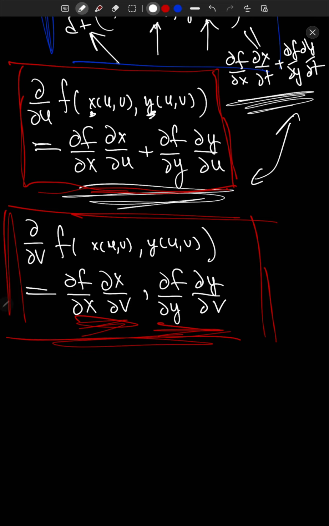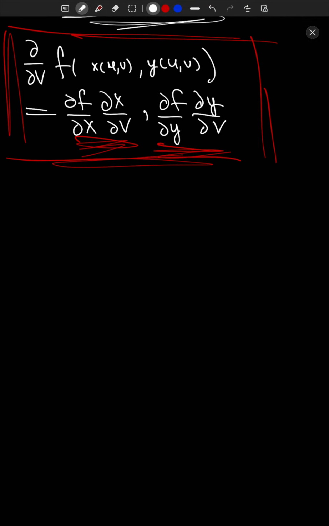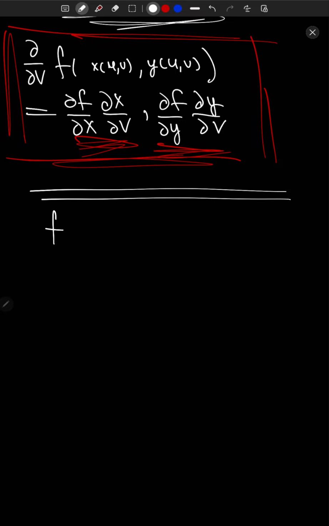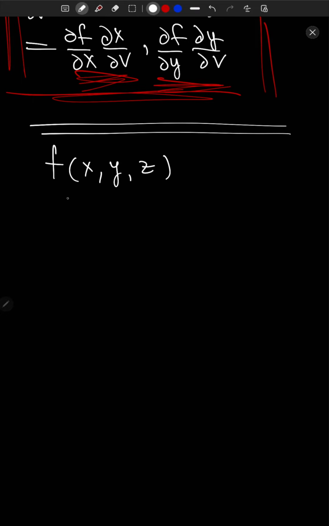All right, and of course, if we did a more complicated setup, like let's say f is 3 variables, f of x, y, z, and let's say each of x, y, z depends on 2 variables, this is perfectly legal. x depends on uv, y depends on uv, z depends on uv.